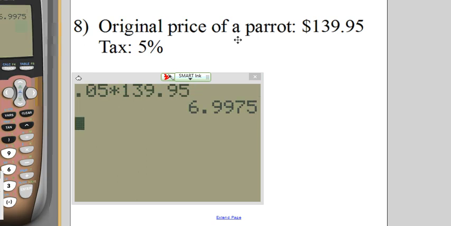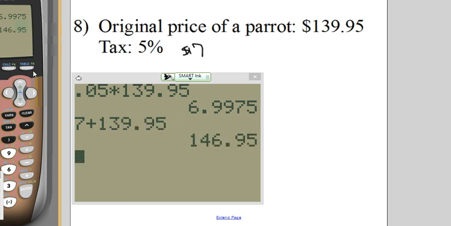So this would round to the $7 mark for tax. And then we can just say, hey, 7 plus the 139.95. That'd be $146.95.